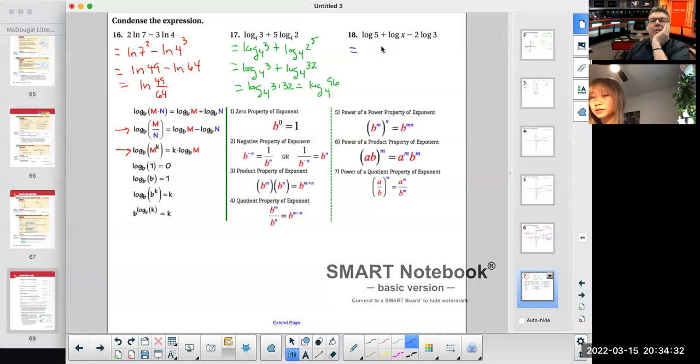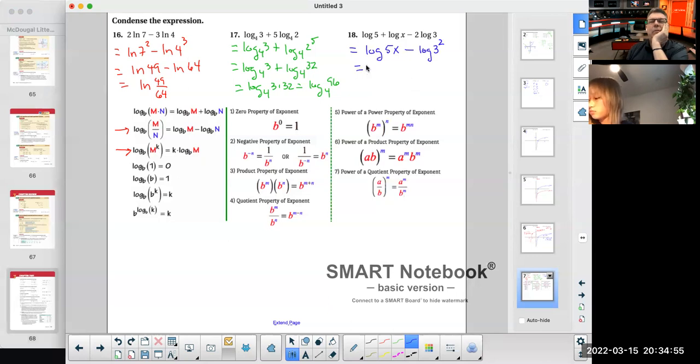All right, so log base 5 plus log x equals log of 5x, doesn't it? And what can I do with that too? Log 3 squared.